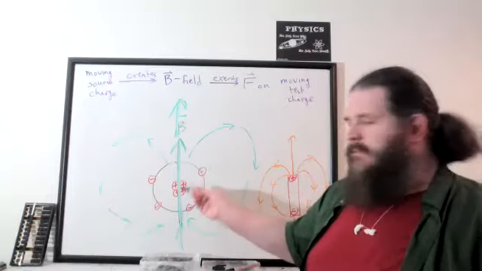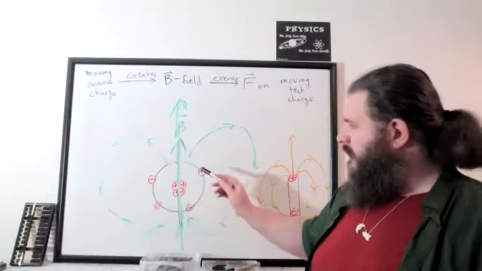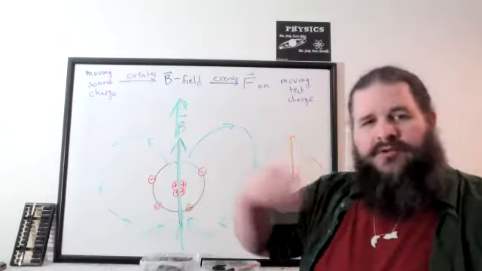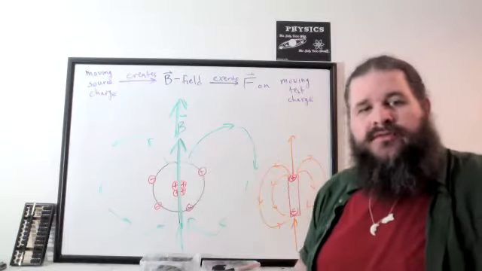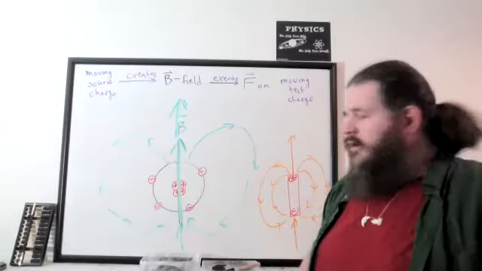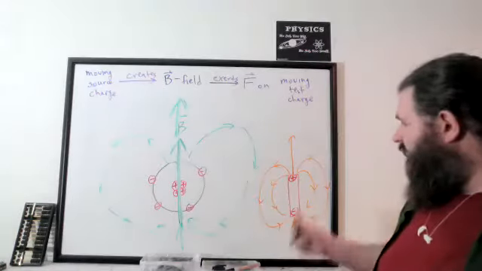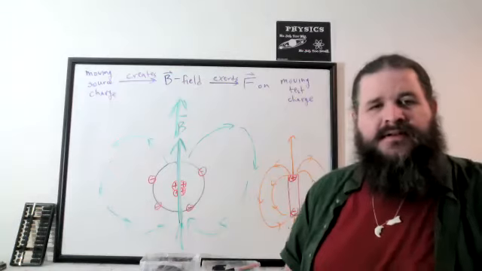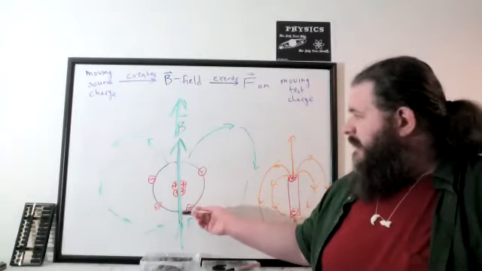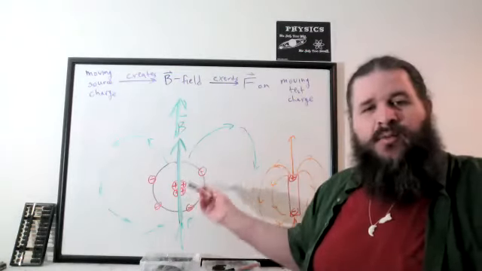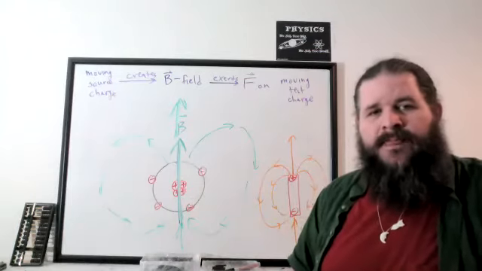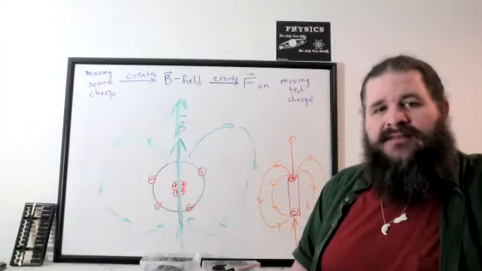And it turns out that the magnetic field caused by electrons whizzing around in a loop like this, or also current flowing in a loop, also has this effect, creates a magnetic field that's the same shape, roughly, as the electric dipole electric field. So because it creates a magnetic field shaped like this, we call this one atom a magnetic dipole. So every iron atom is a magnetic dipole.